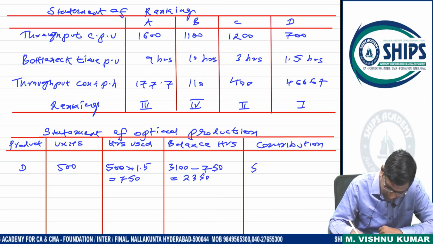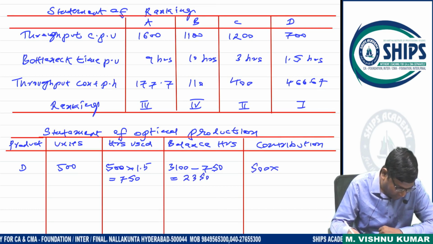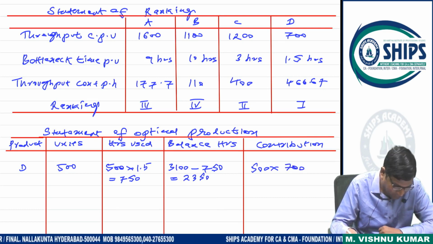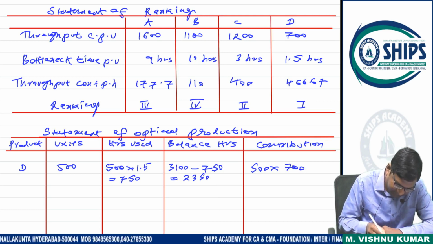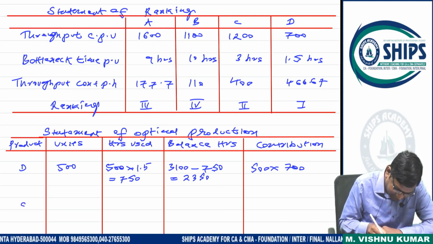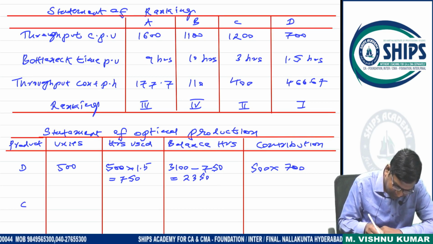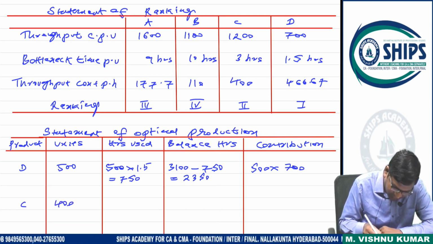Contribution will be 500 into D's contribution, which is 700. Next product is C. So C, 400 units.